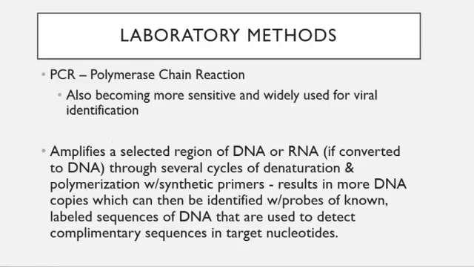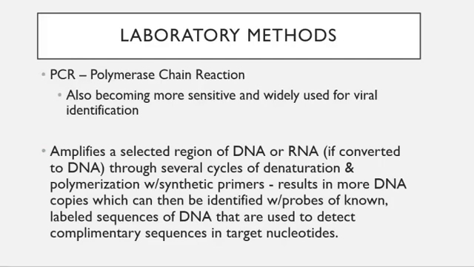For PCR, or polymerase chain reaction, it's becoming more sensitive and more widely used for viral identification. In PCR, you're going to amplify or make many copies of a selected region of DNA or RNA through several cycles of denaturing and polymerization with synthetic primers, resulting in more DNA copies, which can be identified with probes of known labeled sequences of DNA that are used to detect complementary sequences of target nucleotides.